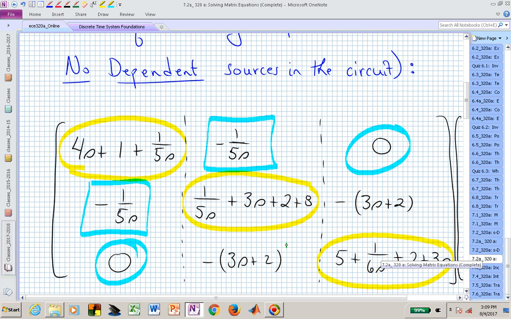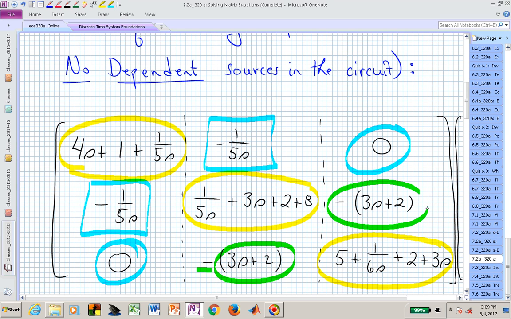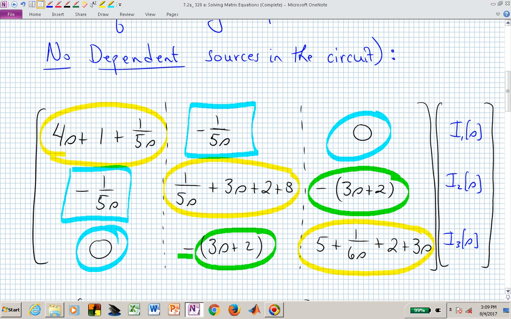Down here then we have minus the quantity 3s plus 2 in the 2, 3 entry, and the same expression in our 3, 2 entry. That's our impedance matrix, and that now multiplies the currents I1, I2, and I3.